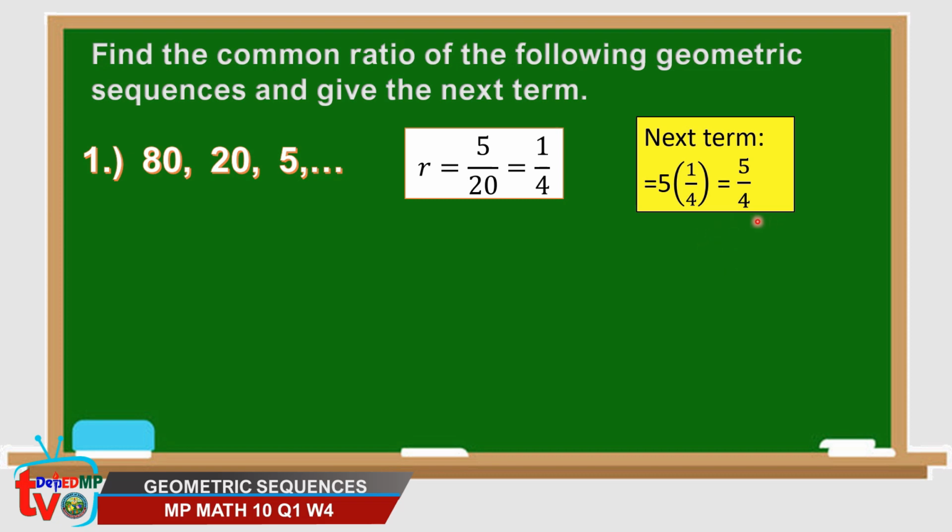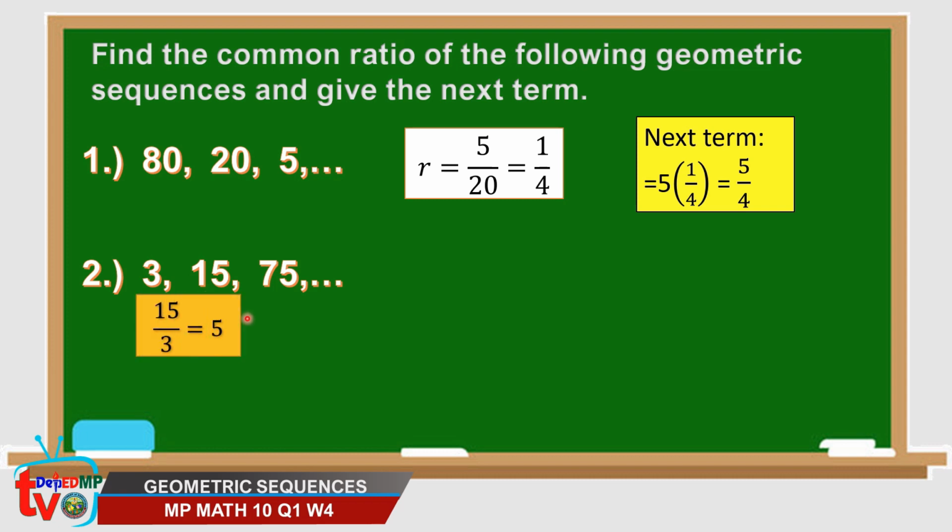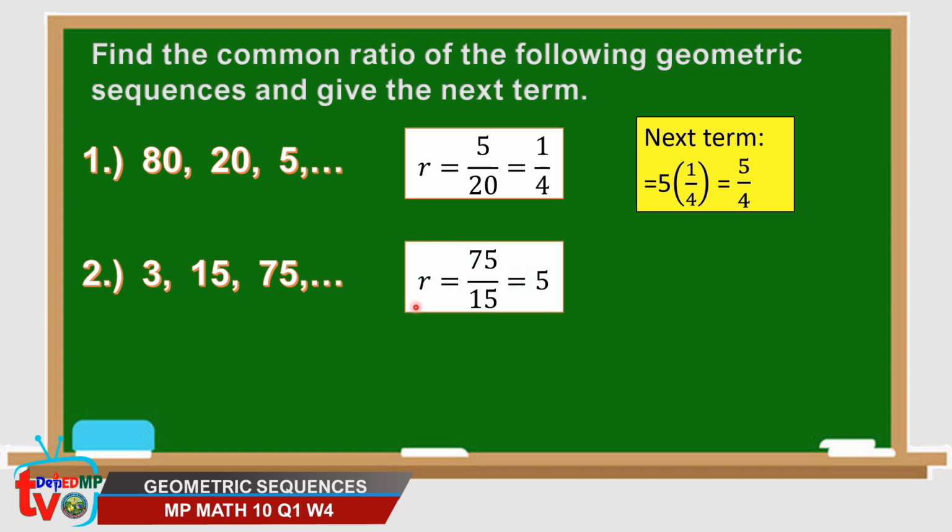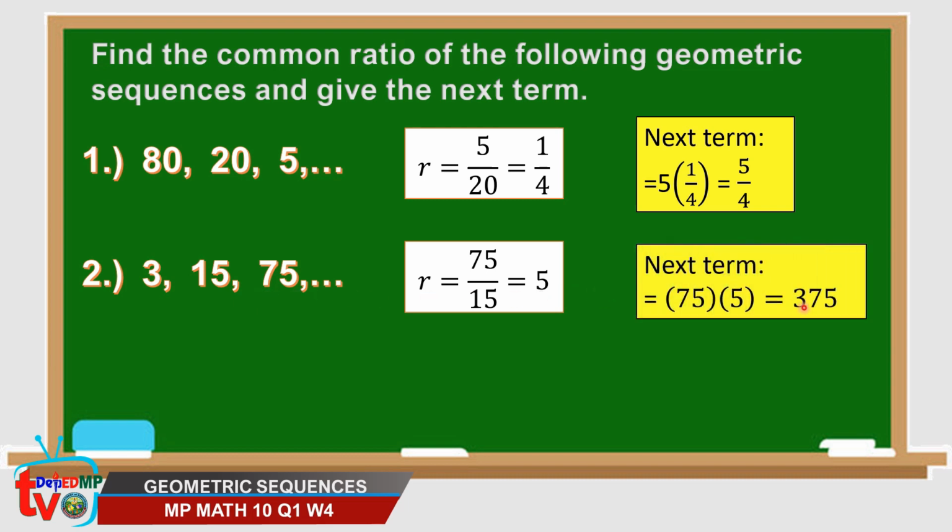Let's have number 2. The common ratio can be solved when we divide 15 by 3, which gives 5. Then we can also divide 75 by 15, which gives the same result, that is 5. So multiply this 5 to 75 to get the next term, which is 375.